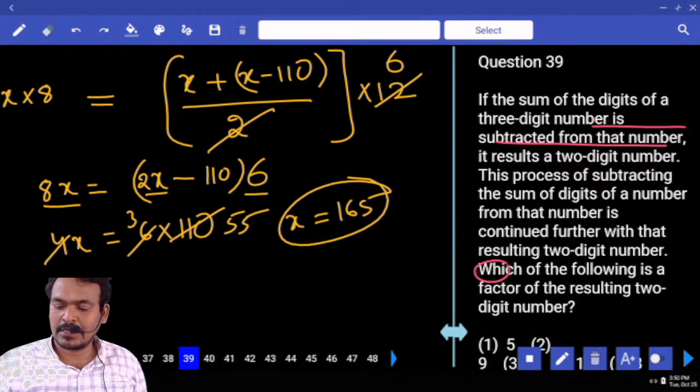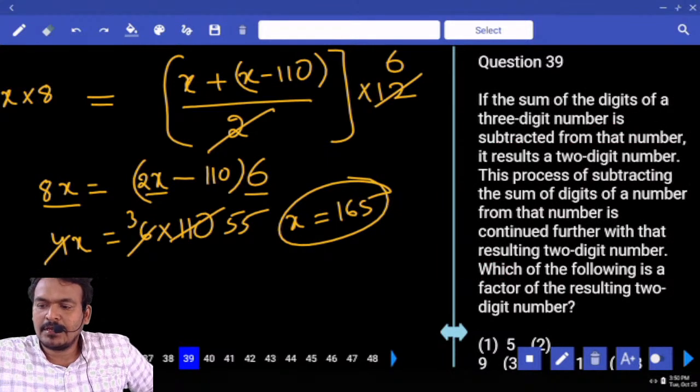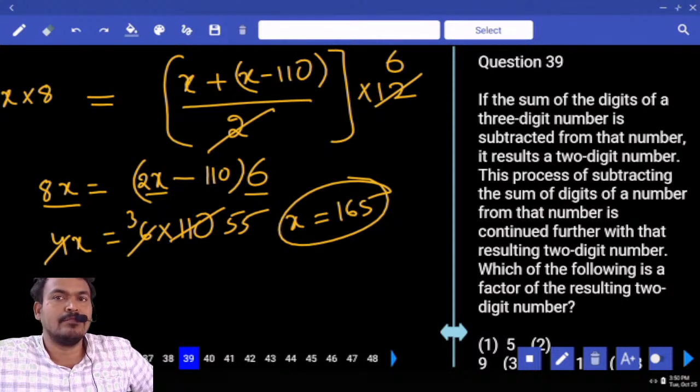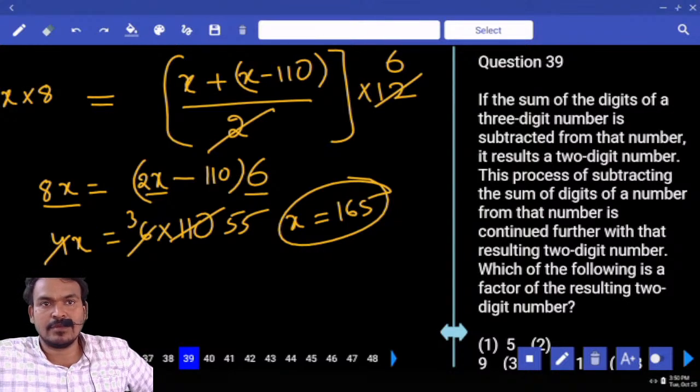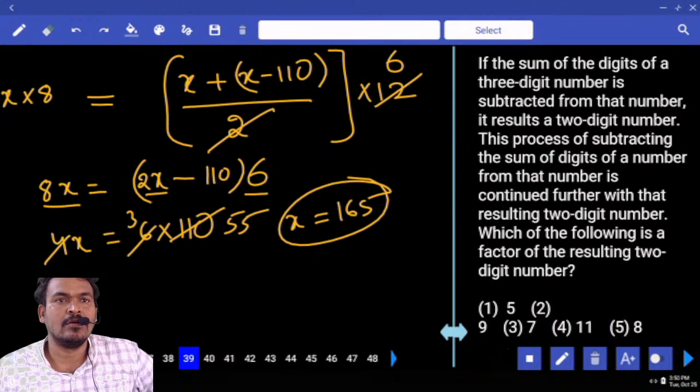Next question, number 39. If the sum of the digits of a 3-digit number is subtracted from that number, it results in a 2-digit number. This process of subtracting the sum of digits of a number from that number is continued further with resulting a 2-digit number. Which of the following is a factor of the resulting 2-digit number?